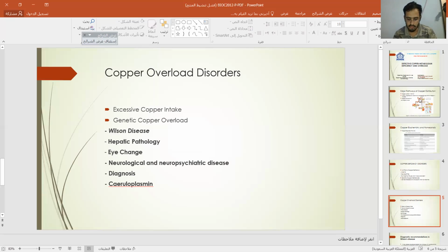Kayser-Fleischer rings should be detected using slit lamp examination. Family screening of first-degree relatives must be undertaken, with understanding of the genetic disorder.